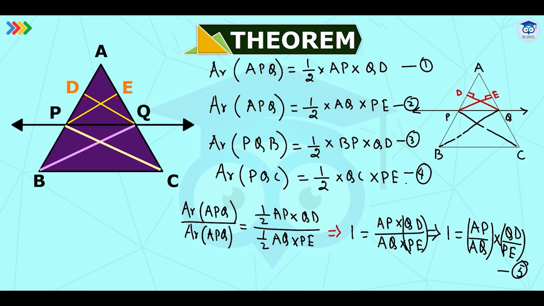Now after this, to use equation number 3 and equation number 4, we have to know that these two triangles, this triangle and the other triangle, have the same area. Why? Because suppose we take this as a base, then we can draw a perpendicular, and similarly these two will have the same perpendicular.